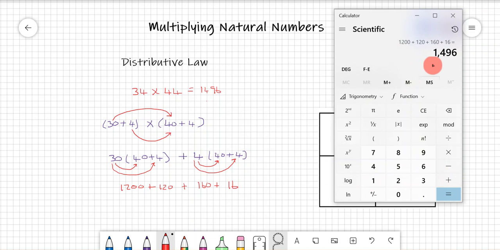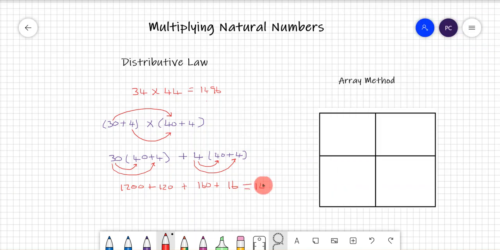If we add those up, it's 1496. So that's using what's known as the distributive law. Multiplication is distributed over addition, and we can see that here by working it out this way.